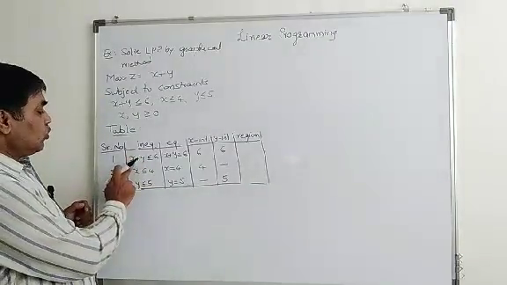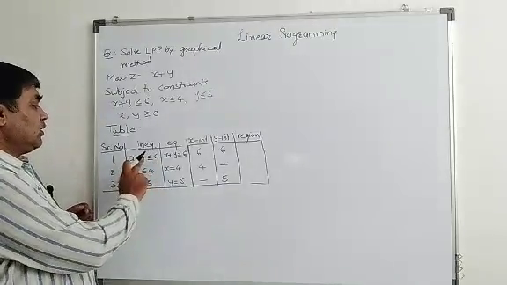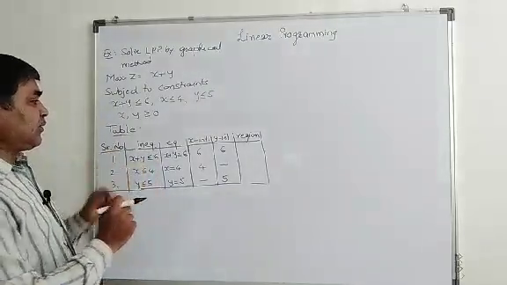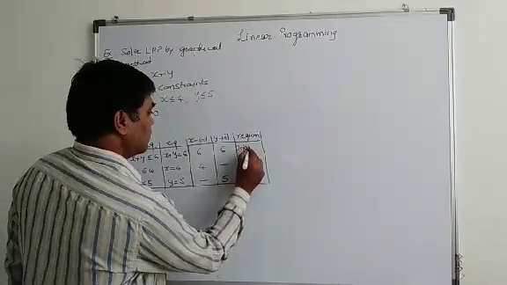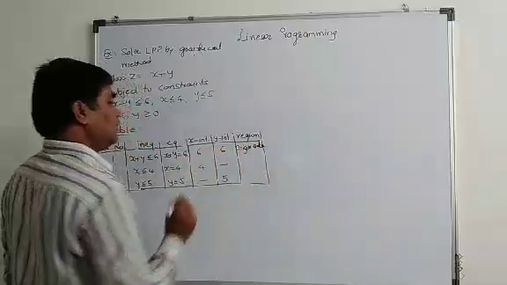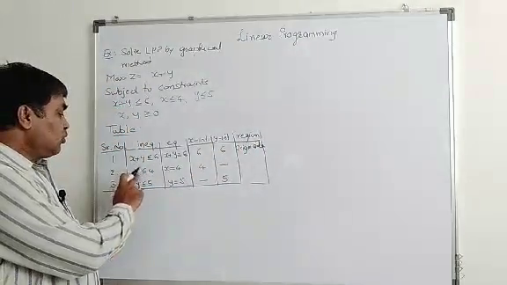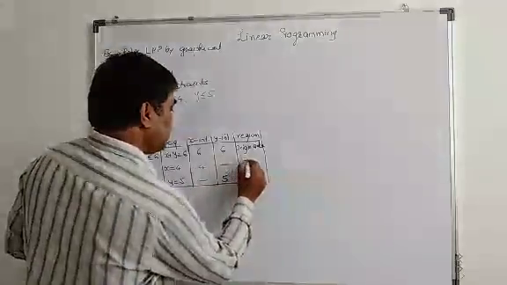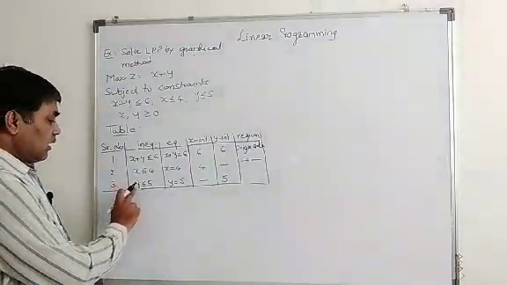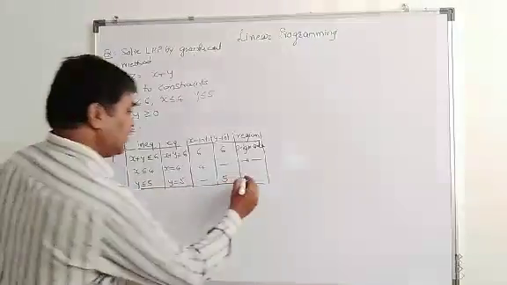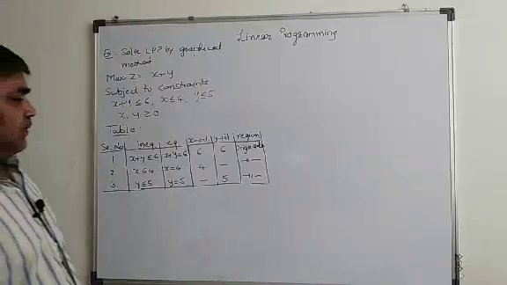If I put the origin here, 0 plus 0 is less than 6, so the origin satisfies this inequality, so origin side. For the second one, x less than or equal to 4, if I put the origin, 0 is less than 4, so origin side region. For y less than or equal to 5, again 0 is less than 5, so again origin side region. So with this information, let us plot the graph.